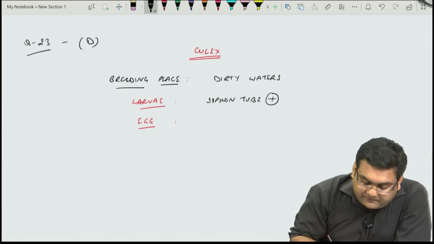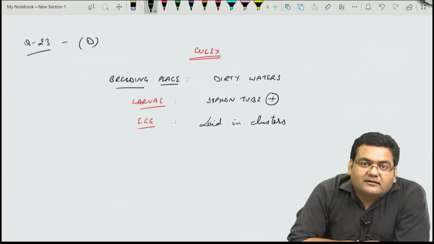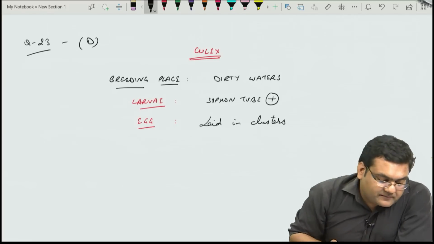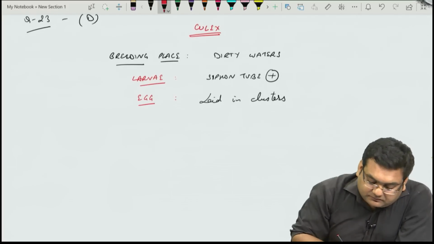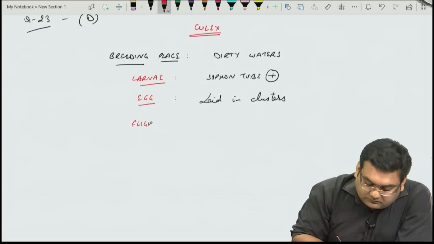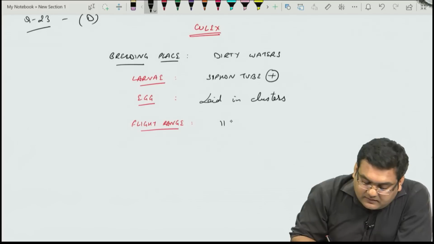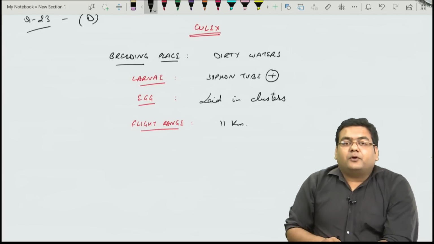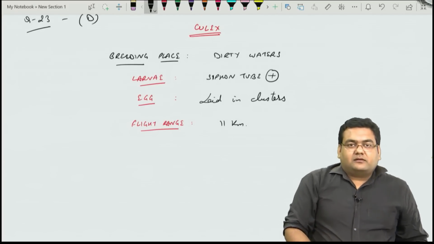Eggs are laid in clusters and not singly as given in the question. Flight range is approximately 11 kilometers.